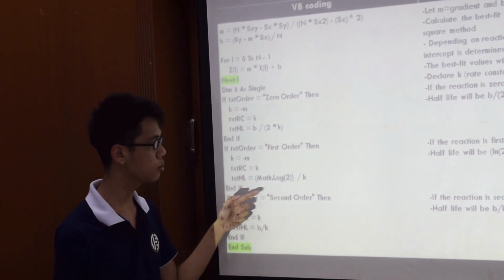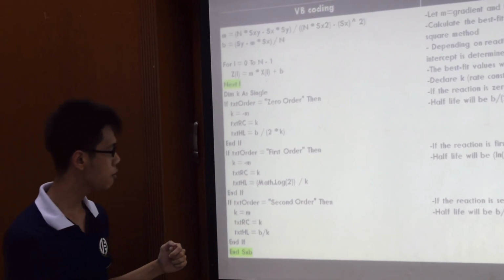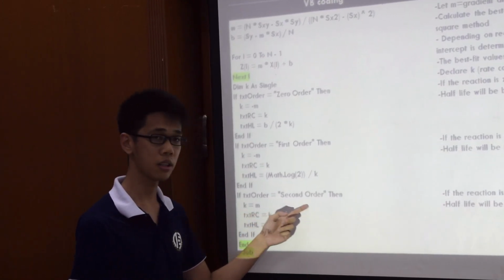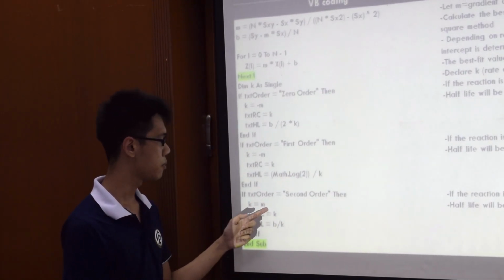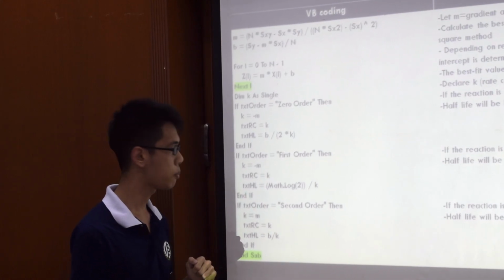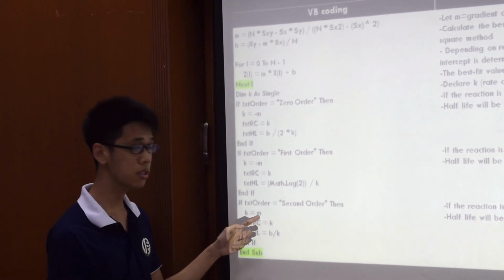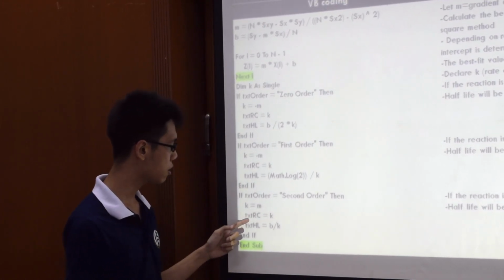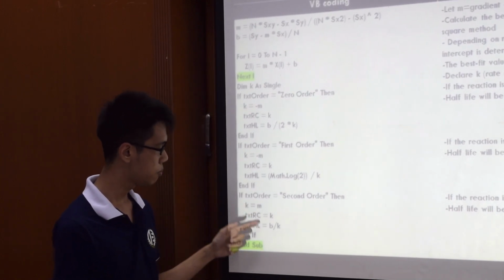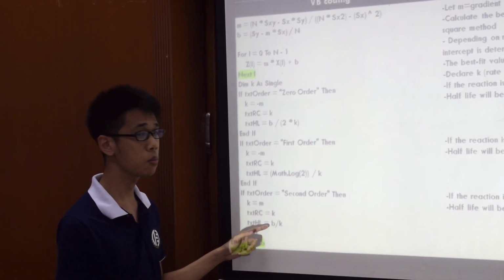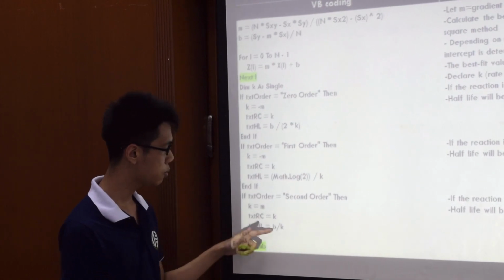This whole thing is equal to log 2 over k. So for the text order equal to second order, k is equal to m, since the gradient is already positive, so we can directly use m. For the half-life equation, b over k, b is equal to 1 over N naught. So we just put b over k.